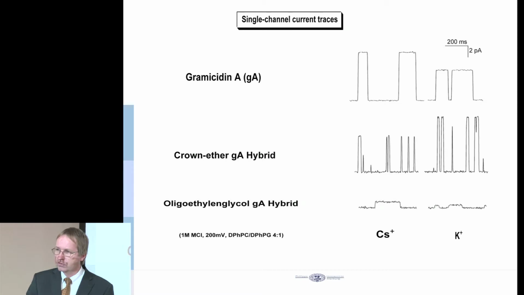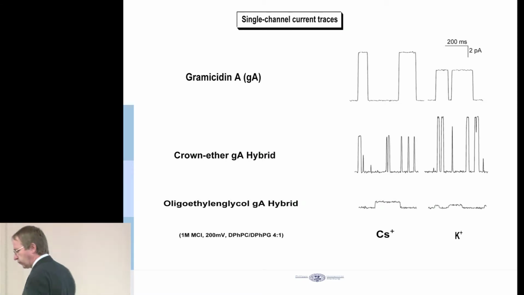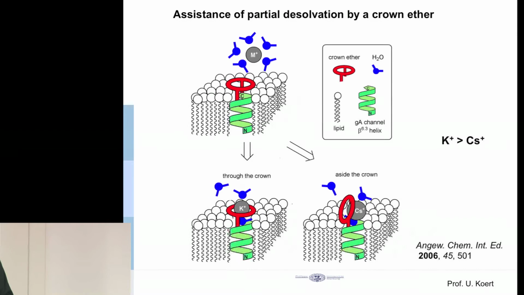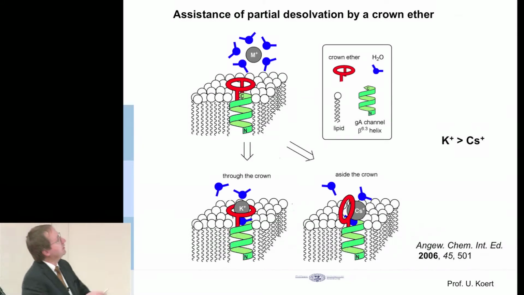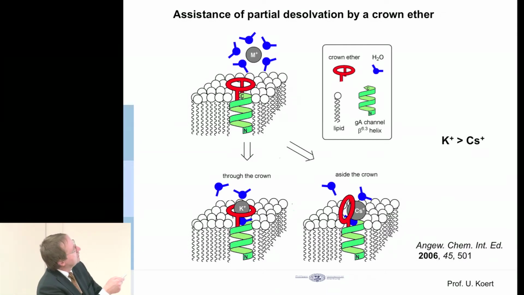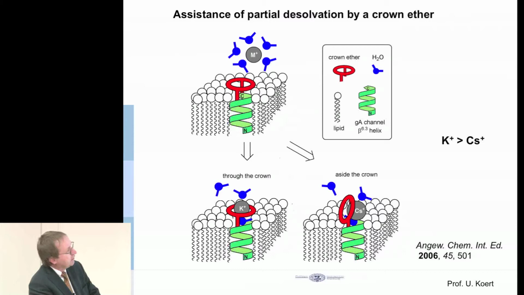So we can invert the selectivity. Obviously, the potassium is bound best by the crown, transported through the crown, and that results in a better selectivity for potassium than for cesium.